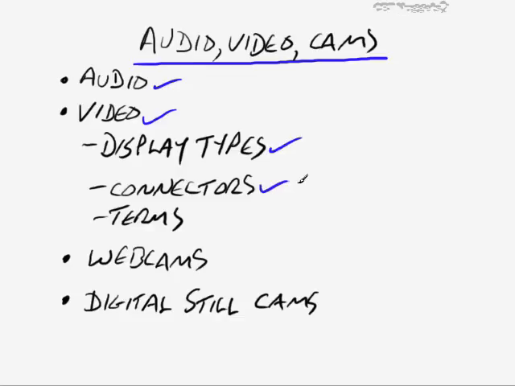We took a look at the various connectors, such as VGA, DVI, and HDMI, and then some of the various terms that you might hear as well, such as resolution or degaussing and stuff like that. We looked at webcams so that you can see how easy they are to at least set up, and they can certainly be a lot of fun. And then we concluded with a discussion of digital still cameras, which are growing in popularity, and which I think you're going to find that a lot of your customers are going to have questions about.